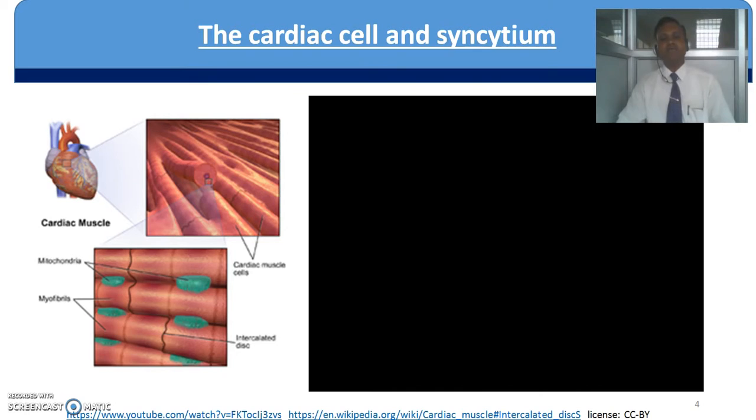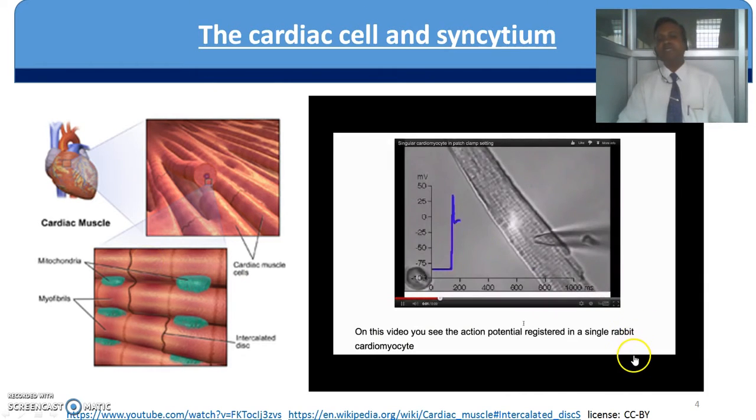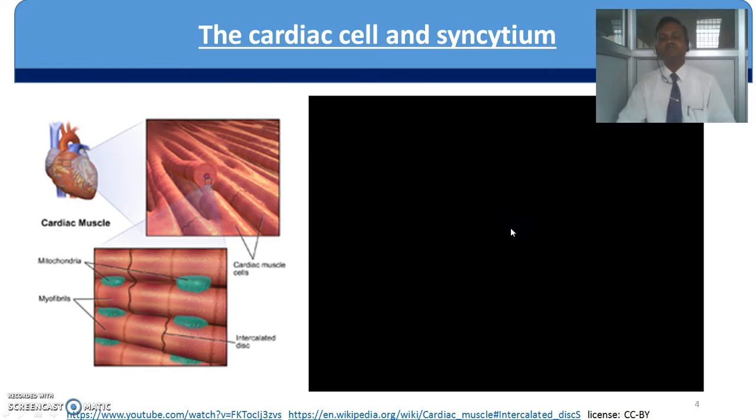The beauty of cardiac cells is, even if you isolate a single cell and see it under the microscope, you will see that each cardiac muscle cell spontaneously beats. In this nice video, you can see a cardiac muscle cell which has been isolated, and action potential across this muscle is being recorded. There is a technique called the patch clamp technique which enables us to record electrical potential across the cell membrane. See this video once again.